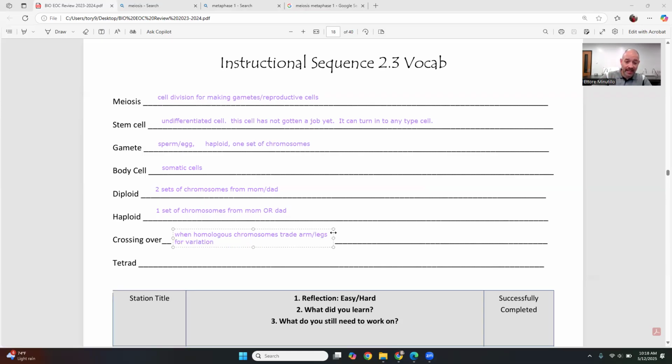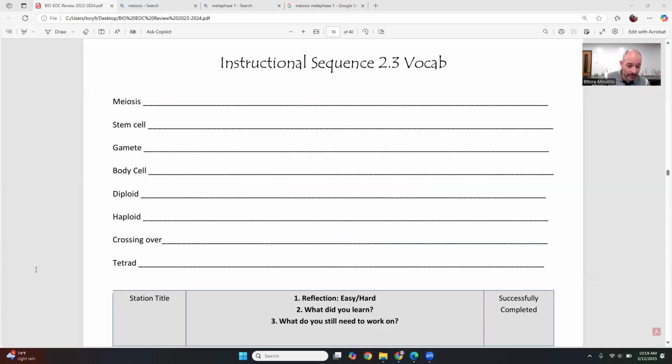And our last one is tetrad. Tetra means 4, so let's get that on here. Tetrad means a group of 4. In our case, homologous chromosomes are the tetrad. And again, I'll show you that in a picture when I scroll up above in a second. The reason this is significant, 2 copies of 2 chromosomes adds up to make up that 4.